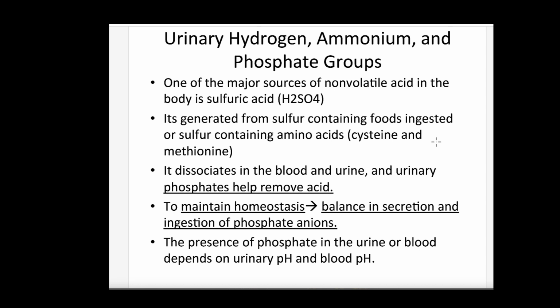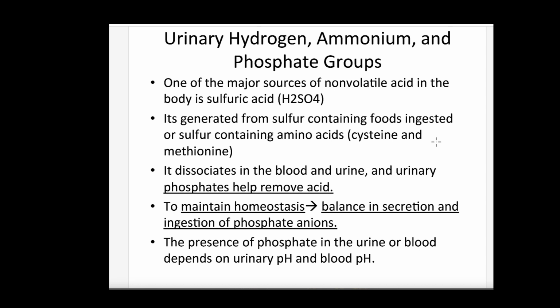It is a strong acid that is dissociated into hydrogen ions and sulfate anion in the blood and in the urine. Urinary excretion of it helps to remove acids.